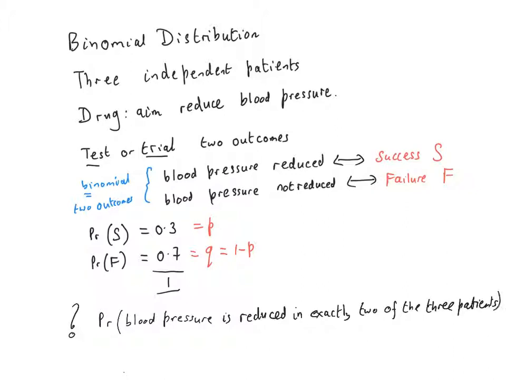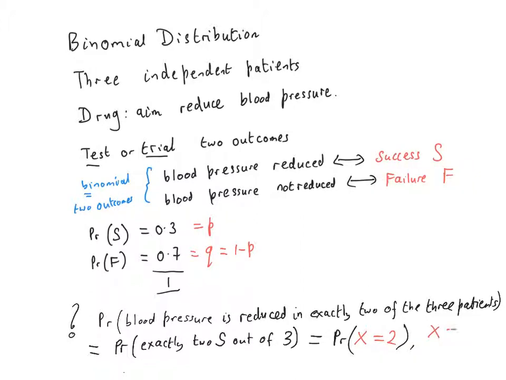Now, this can be written as the probability that we have exactly two successes out of three. And we could also write that as the probability that x equals 2, where x is the number of successes.